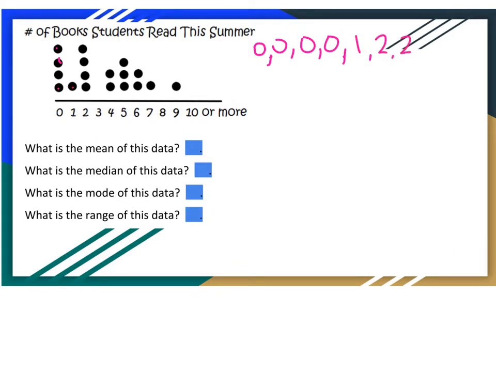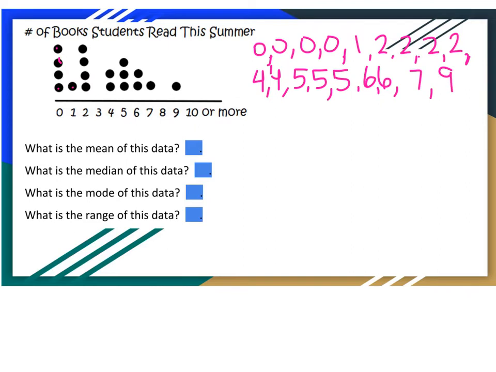So 2, 2, 2, 2. Okay, that's 4 2s. Then there's no 3s. There's 2 4s. So 4, 4. 5s. We're going to need to do 3 5s. 5, 5, 5. 2 6s, 6, 6, 1 7, and 1 9.